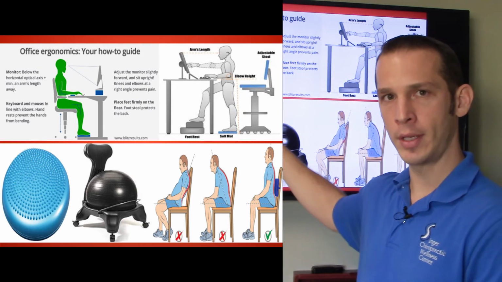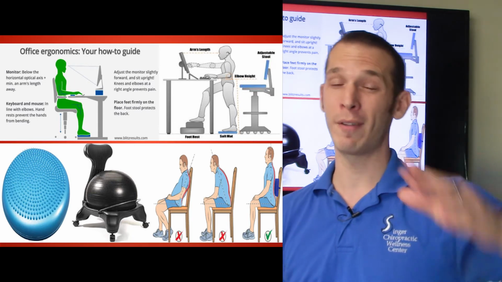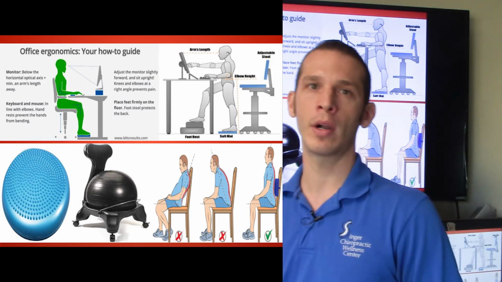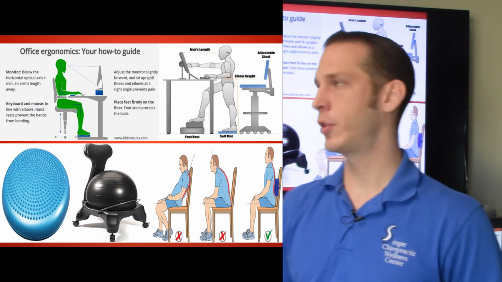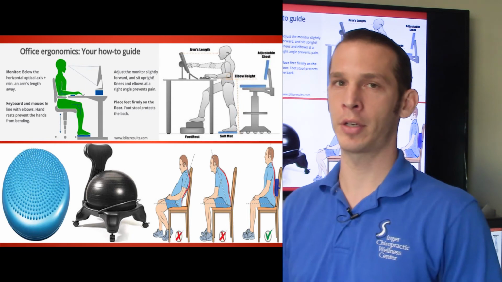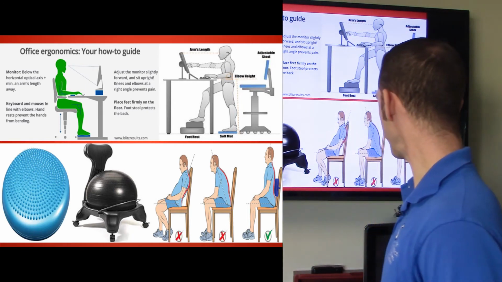If you're going to start using these kind of chairs or balance cushions, you want to start with about 25 to 30 minutes and then work your way up slowly to about an hour at a time. You don't want to use it all day long because it actually is a pretty strong exercise for your lower back. So you want to work your way up with that.